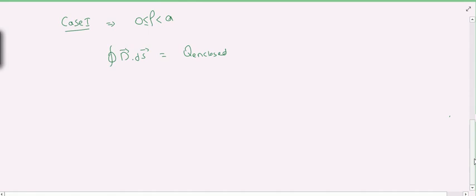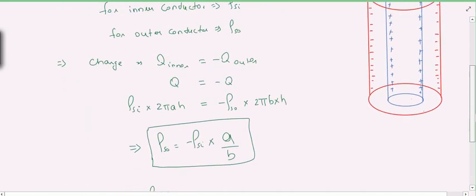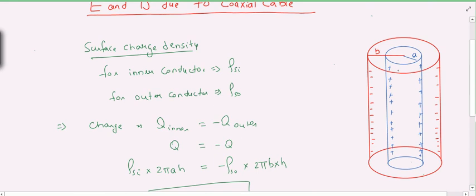Now see, these are conducting surfaces. So all the charge which is present on a conducting surface will be present on the surface, as I have told earlier. It will get distributed uniformly over the surface for conducting surfaces. So there will be no charge inside this cylinder.